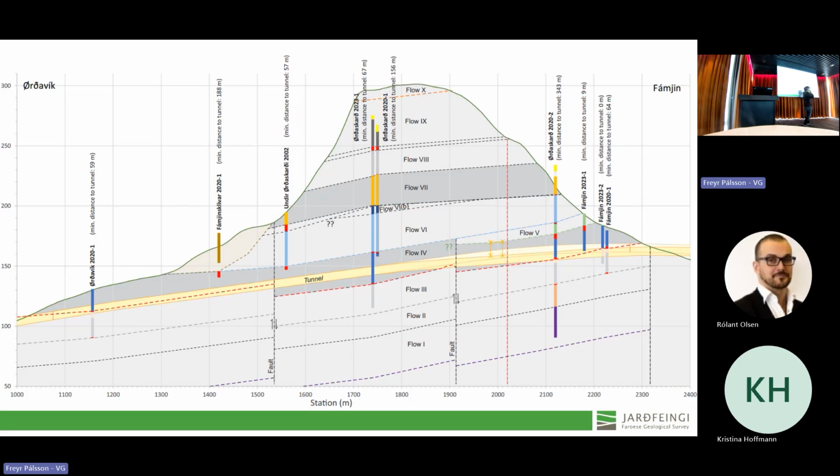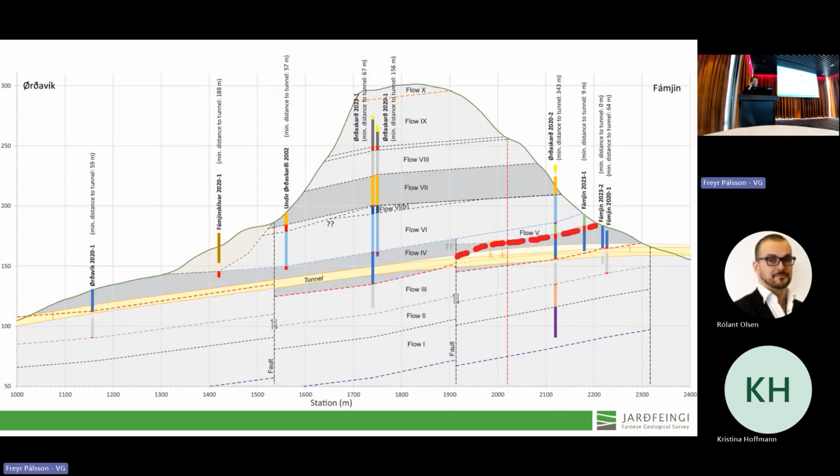The original prognosis was only derived from the boreholes that stayed open, didn't collapse, that went down to the tunnel level. This one came later. Oh yeah, just take the next slide.